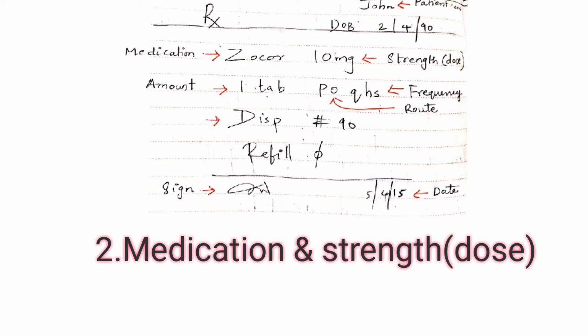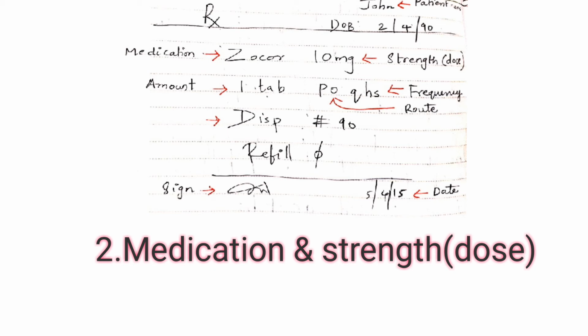If only the brand name is used, the physician will indicate no generics. Zocor is a brand name which helps to lower the blood cholesterol. Right next to it is the strength or dose, 10 mg in this case.